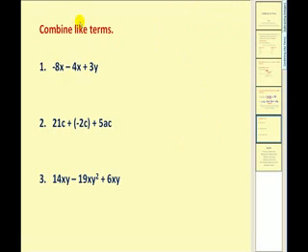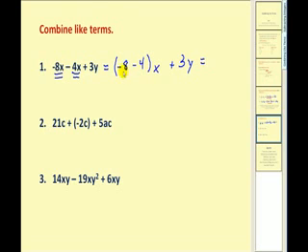Let's go ahead and take a look at a few more here. So we can see in this problem there are two like terms, so these terms can be combined. This one cannot be combined. So we know the first two terms contain the identical factor of x, which would leave us with negative 8 minus 4, and then plus the 3y.